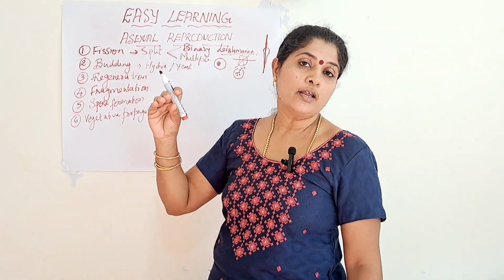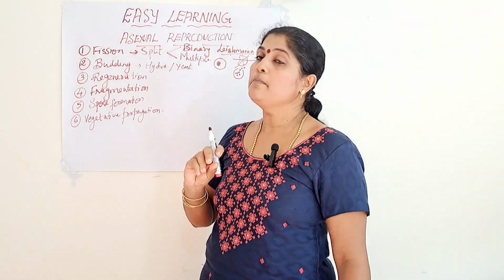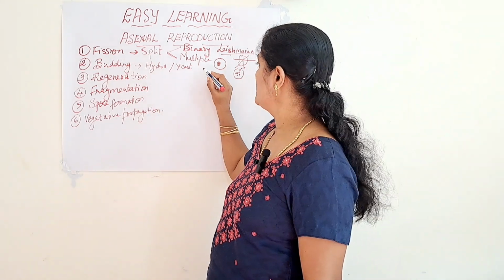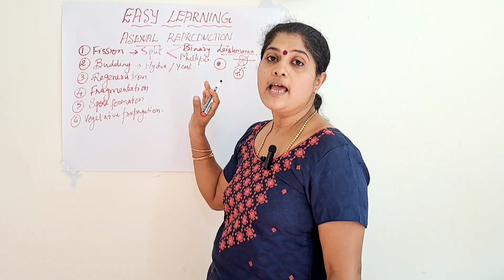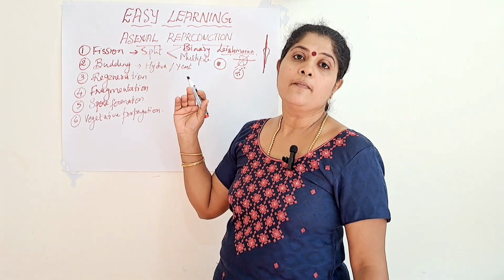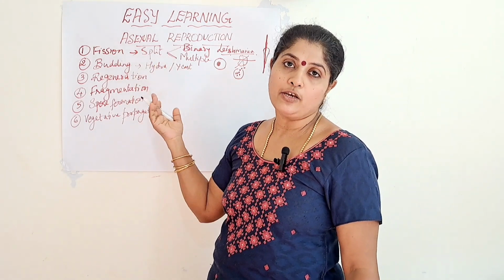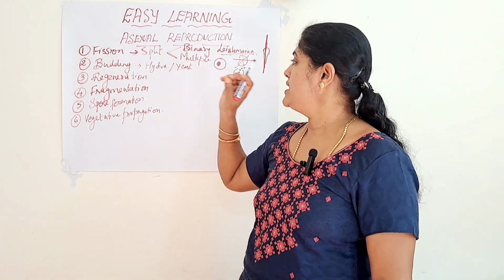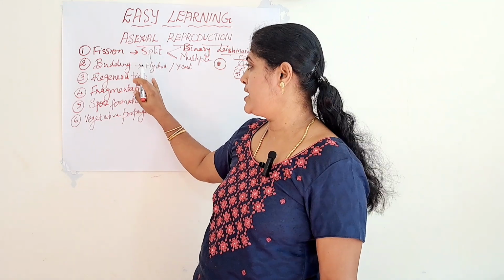After it has attained some size, the tentacles and the mouth arise. Once they have arisen, it gets detached from the parent organism and grows into a new organism. In a simple way, I have explained the budding in hydra.